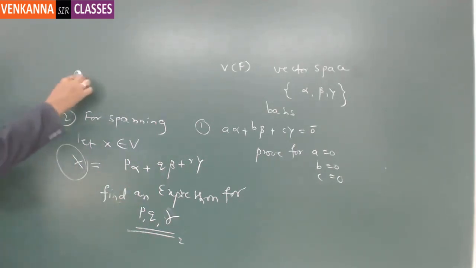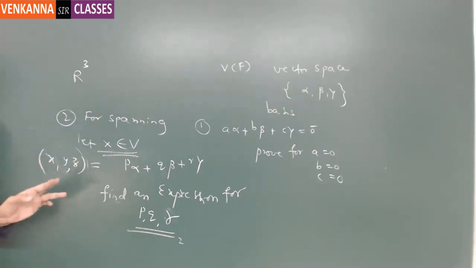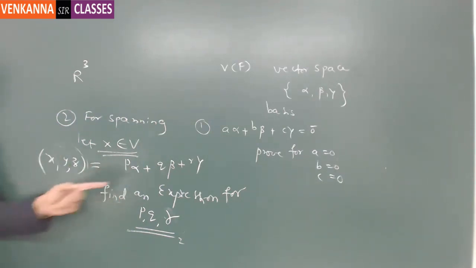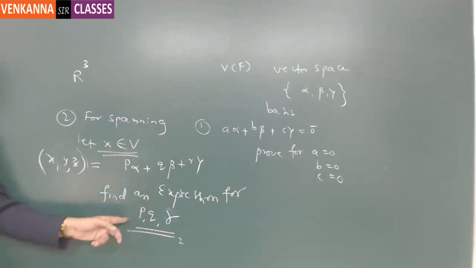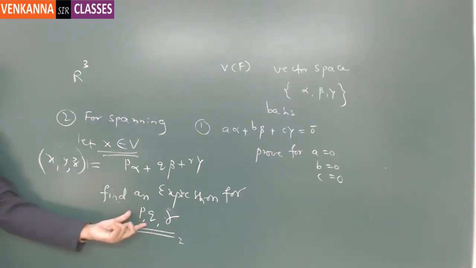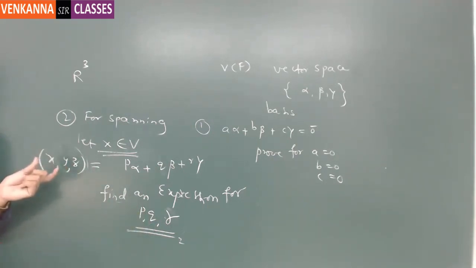Suppose if we are having R cube as vector space, then X is nothing but a 3D point XYZ. So whenever you take any arbitrary 3D point, if you consider a linear combination, then you are going to find an expression for the scalars P, Q, R in terms of XYZ. So you are representing the scalar P in terms of XYZ, similarly Q in terms of XYZ and R in terms of XYZ. So this is the general way in checking whether a given set is a basis or not.